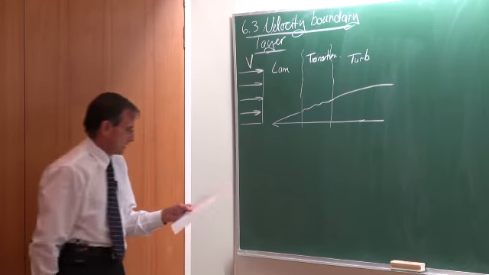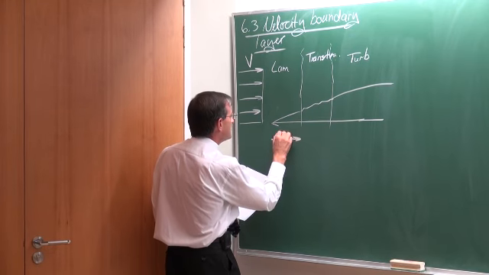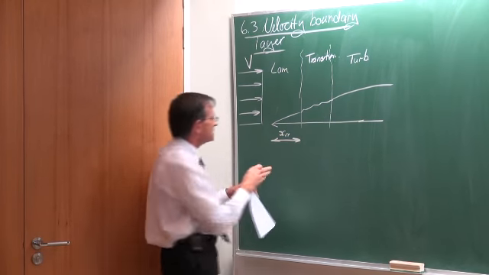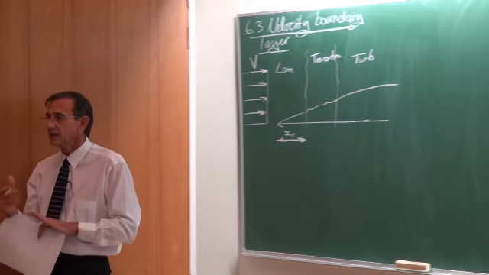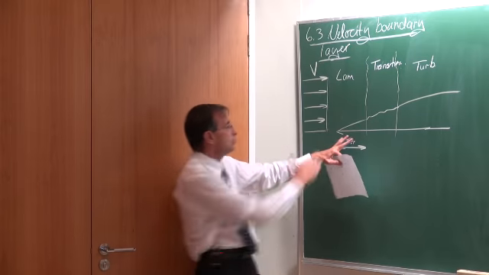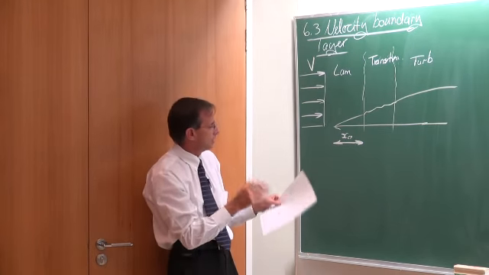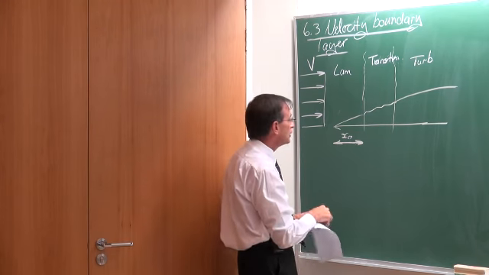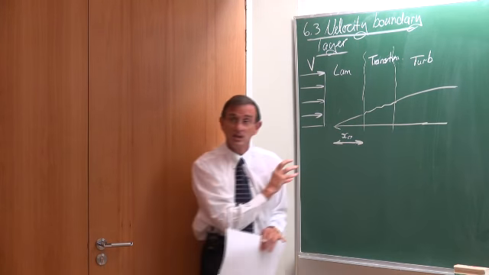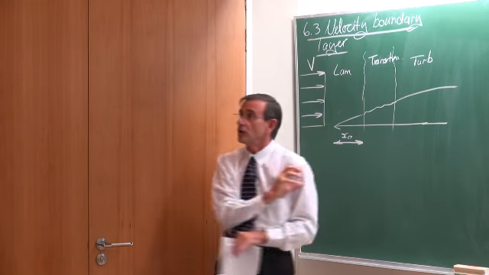Okay. Now, this distance is called the critical distance. So that is the distance, how long it takes before the flow changes from laminar flow into transition or turbulent flow. What I'm going to do is specifically concentrate on the velocity distribution in the laminar flow regime and in the turbulent flow regime.